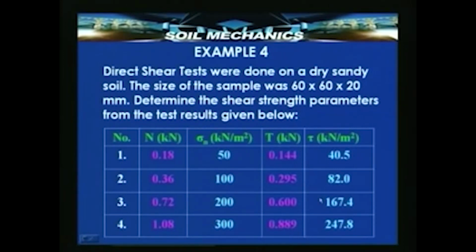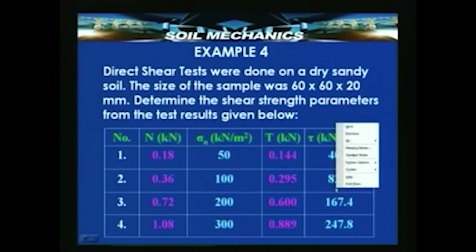That means tests have been conducted under 4 different normal stresses and corresponding 4 different shear stresses at failure have been noted. Now, from these sets of sigma n and tau values, it should be possible to determine C and phi. We can adopt the Mohr circle principle.